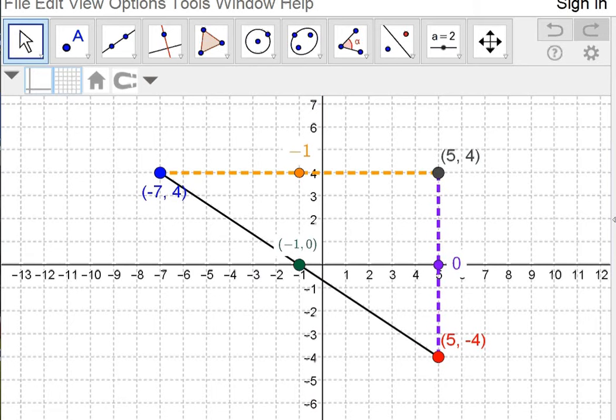What I kind of like about it is, first of all, we have this orange value right here, which represents the halfway x value between your 2 points. So it's the average of your x values. So in this case, if you average -7 and 5, you get -1. 5 plus -7 over 2 is -1.